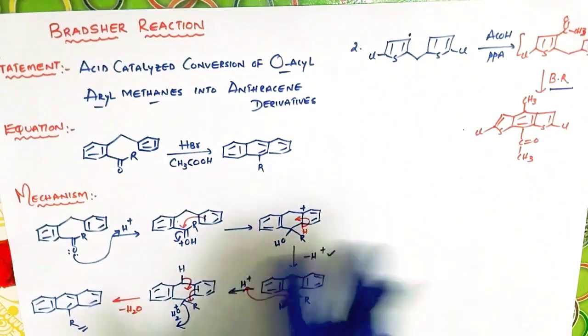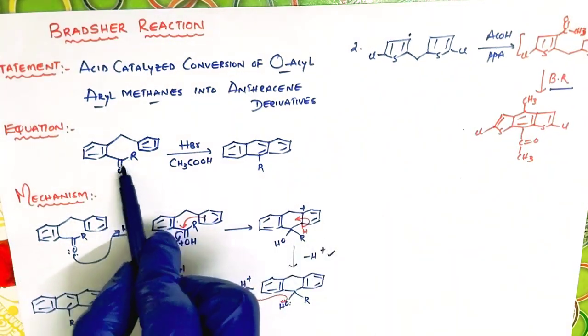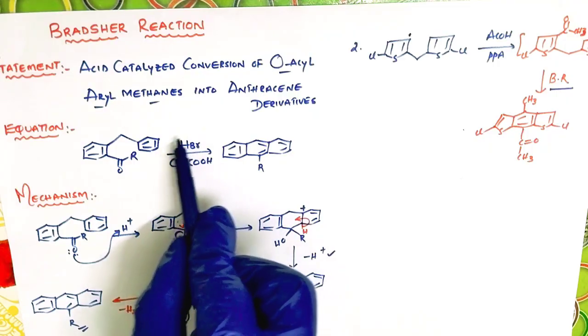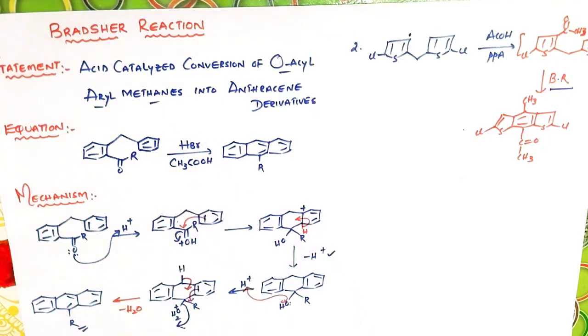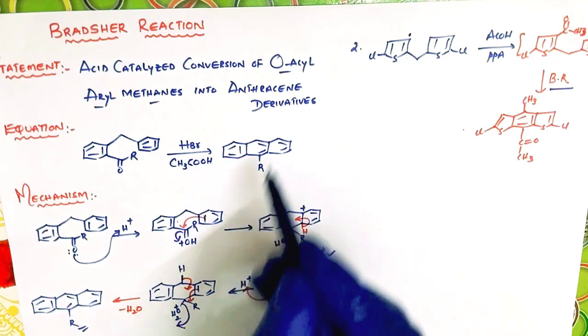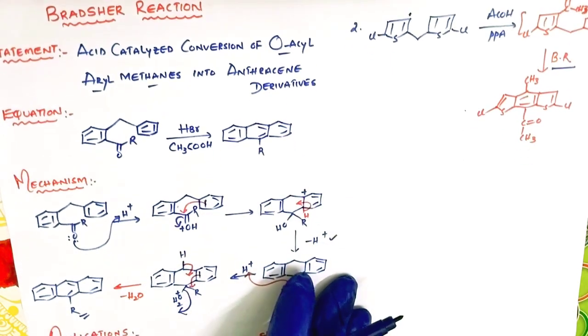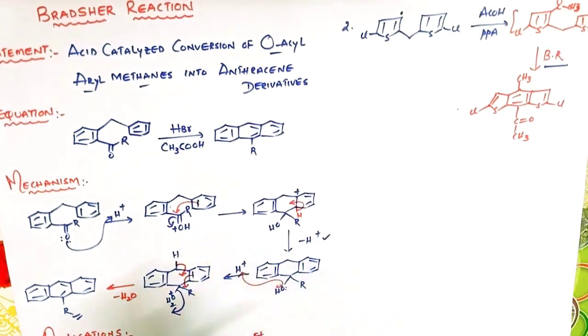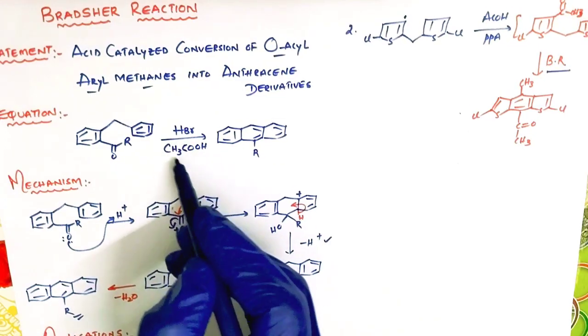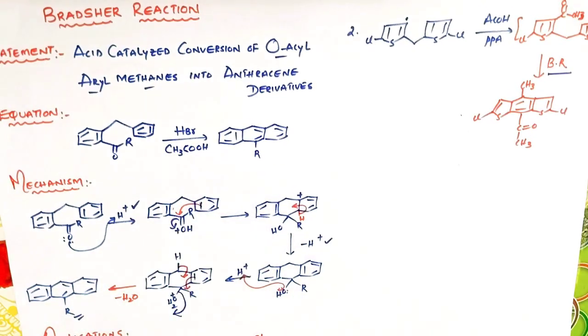Let's see the equation. See this one. C double bond O R CH2. The reagent condition is HBr in acetic acid, which produces the anthracene derivative. Mechanism is very simple. HBr in acetic acid initially produces H plus ions in the solution or not.